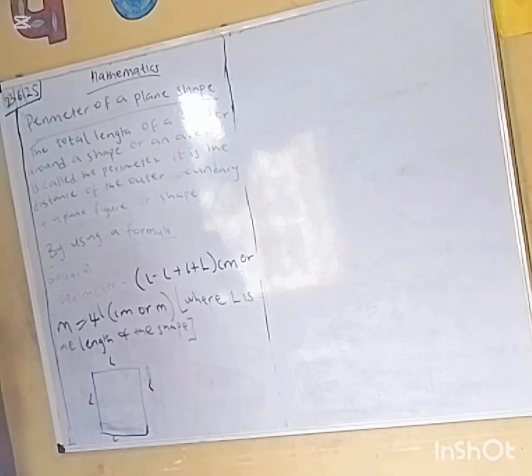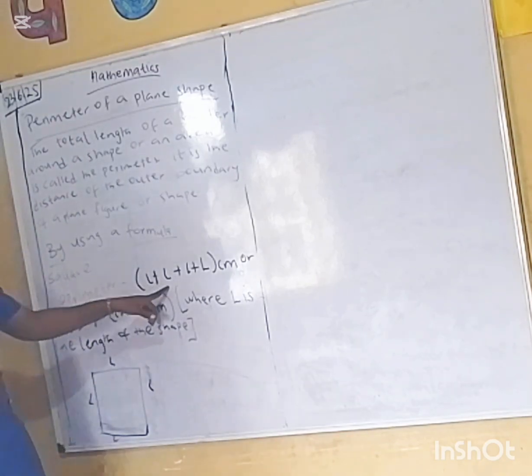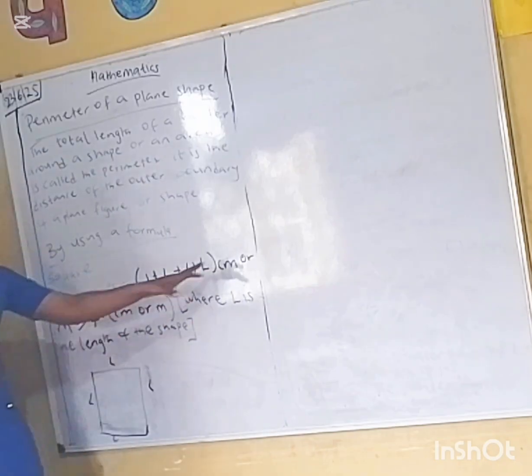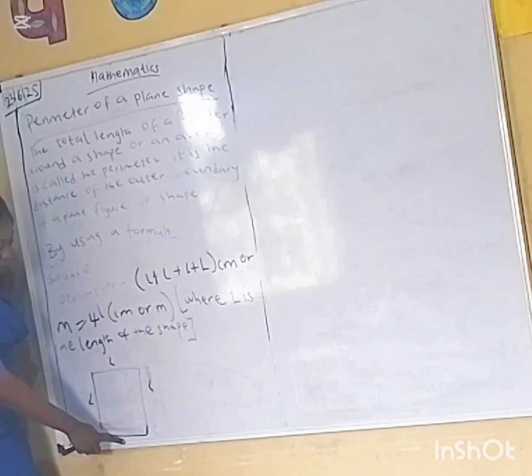Now, when we want to solve for the perimeter of this square, we have to sum up the four sides. Length plus length plus length plus length, in either centimeters or meters. Is that clear? So when I ask you to give me the perimeter of a square, I will give you maybe this side as 2 centimeters. What will be the perimeter? 8. Good. 2 times 4, because you are adding up the 4 sides: 2, 2, 2, 2.